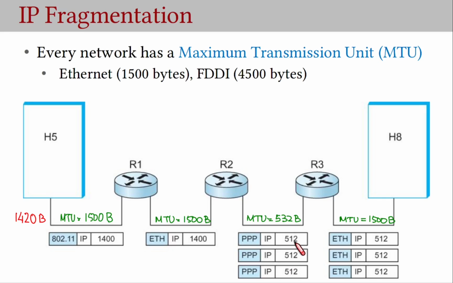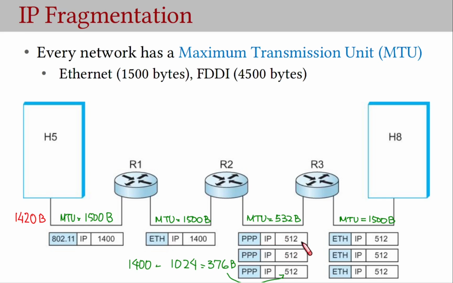So we have taken care of 512 bytes in the first fragment. The second fragment is also 512 bytes. And the third fragment would have 1400 minus 1024, that's 376 bytes. It's going to go in the last fragment.